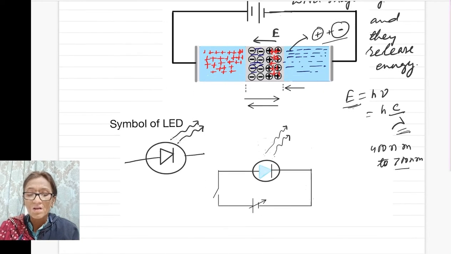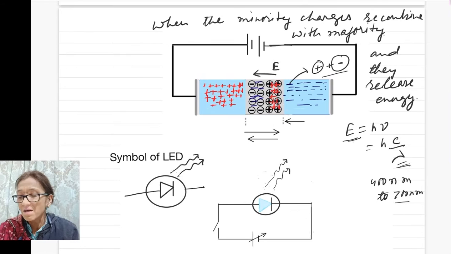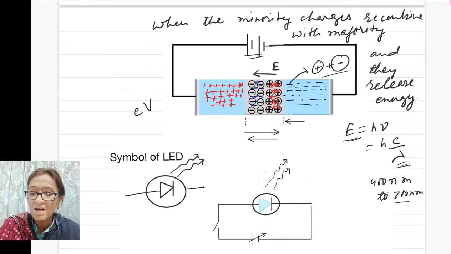So what do we do? We know that energy is equal to electron volt. If we increase this potential, then energy will be increased.